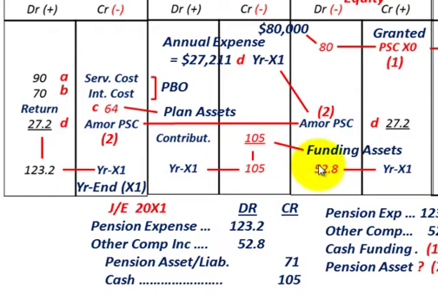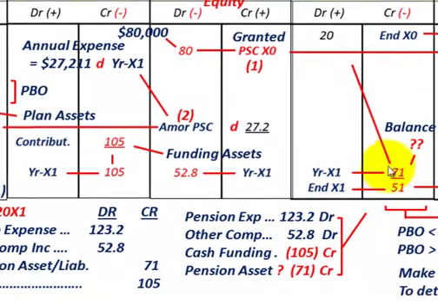We would have had a debit of $52,800 for other comprehensive income, and then the credits would go to our pension liability. Remember, we had that here, and we can go look at that. We had a credit of $71,000, not the end of year balance in this case of $51,000 based on our projected benefit obligation and plan assets, but what we needed to balance out based on our beginning amount, a debit of $20,000 that we had up there.